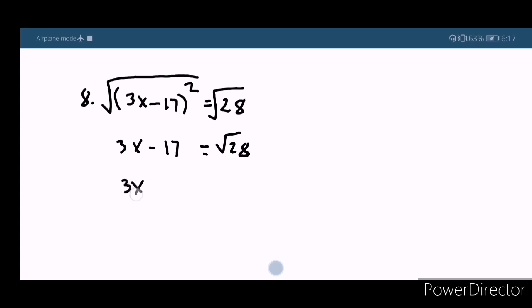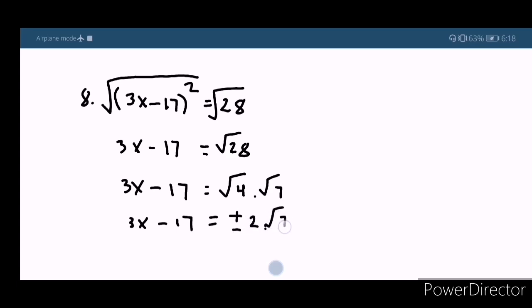So, we have 3x minus 17 equals, naisip natin na it's 4 times 7 because 4 times 7 is 28 and 4 is perfect square. So, we have square root of 4 times square root of 7. So, 3x minus 17 is equal to the square root of 4 is 2. So, positive and negative 2 square root of 7.